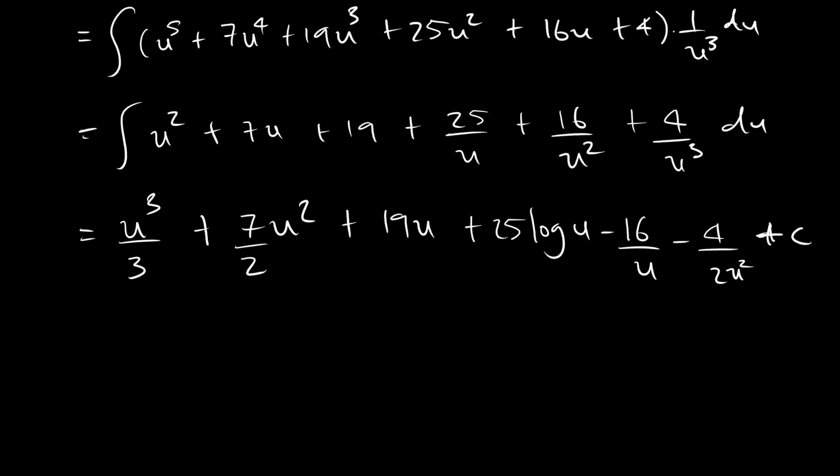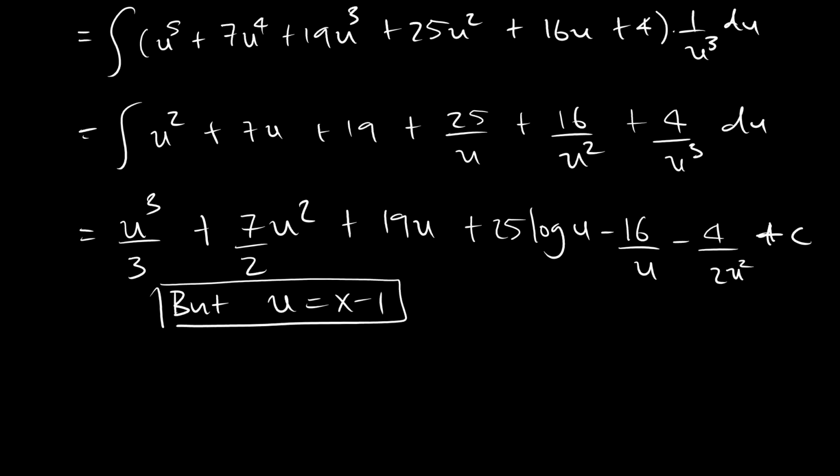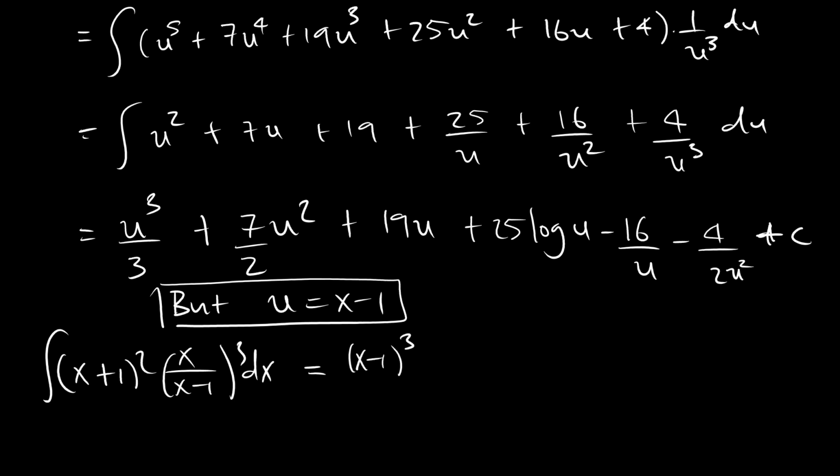Plus the integration constant C. But we said u equals x minus 1. And therefore, our initial problem of (x plus 1) squared times x over (x minus 1) cubed is equal to (x minus 1) cubed over 3 plus 7 over 2 times (x minus 1) squared plus 19 times (x minus 1).